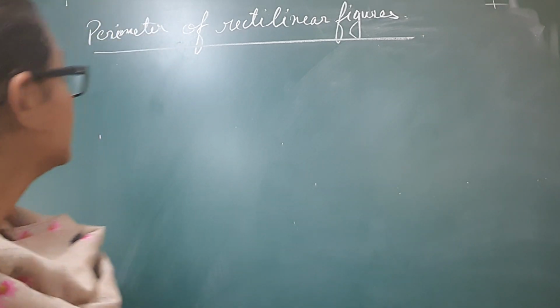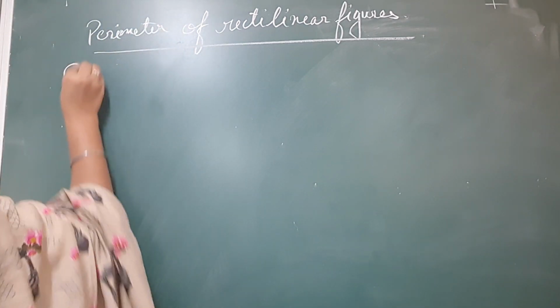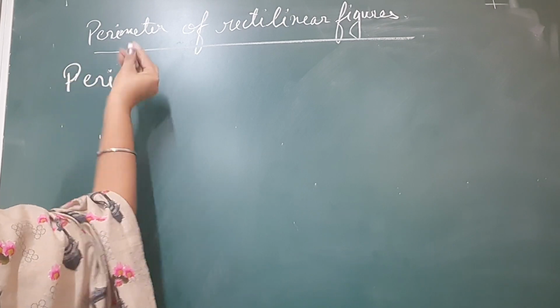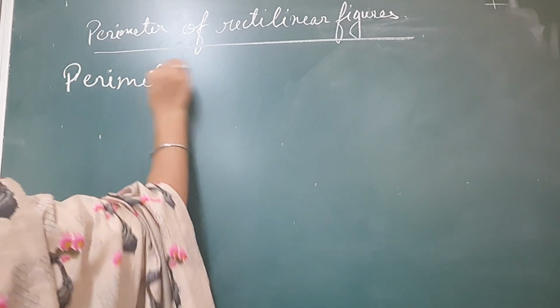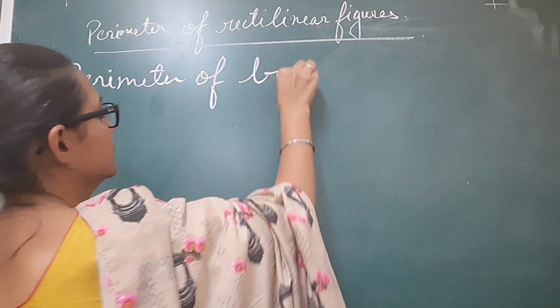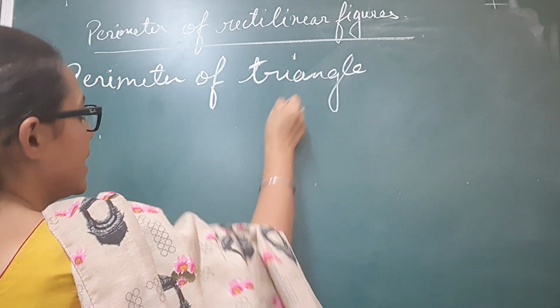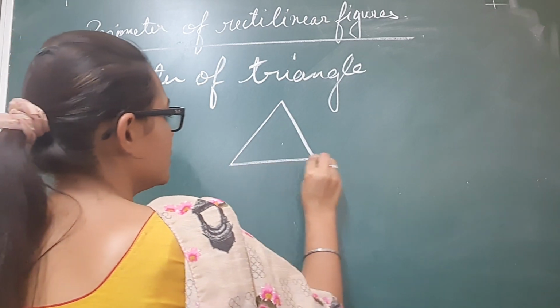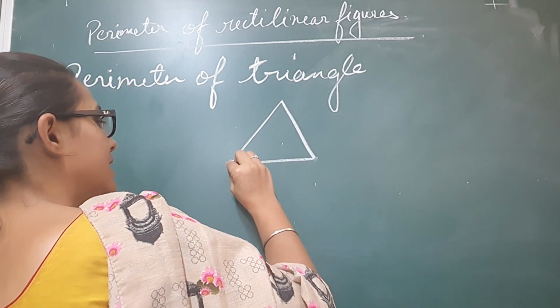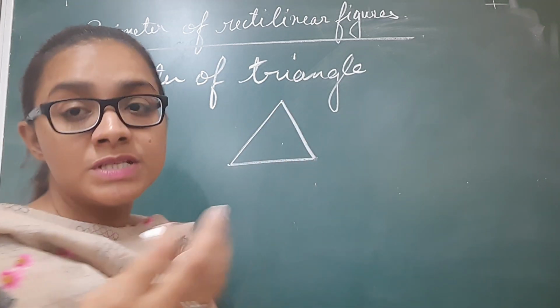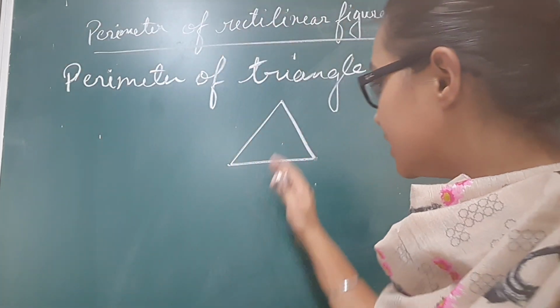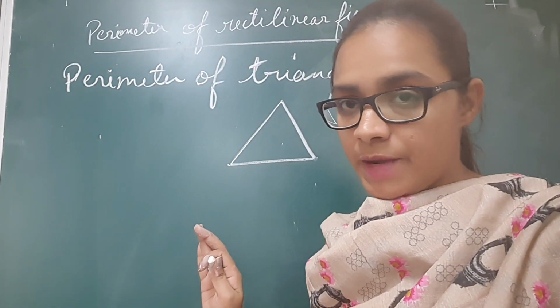So first we will understand the perimeter of a rectangle, the perimeter of a triangle. Perimeter of triangle. So a triangle is given. You must know the sides are line segments. Line segment means a line which has two endpoints.